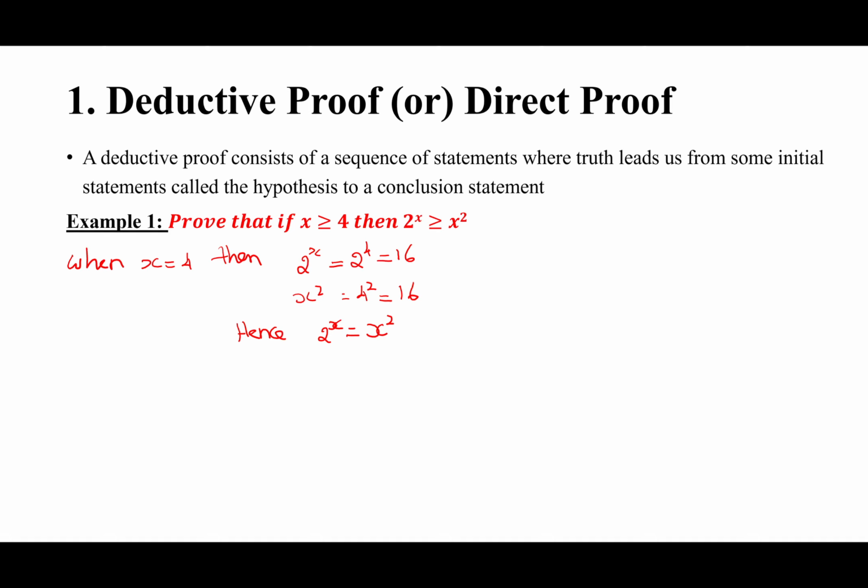When the x value grows larger than 4, what will happen? 2 power x doubles each time the x value increases by 1. However, x square grows by the ratio (x plus 1 by x) the whole square, which cannot be greater than 1.5625.